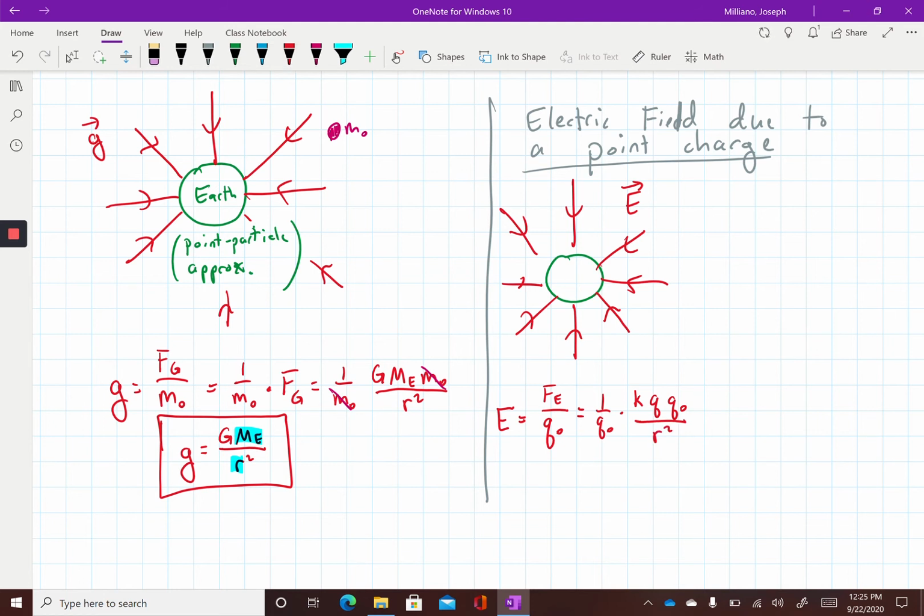And so if this central body has a charge negative Q, then the test charge cancels out, and the electric field strength due to a point charge, its magnitude, will be equal to kQ over r squared.